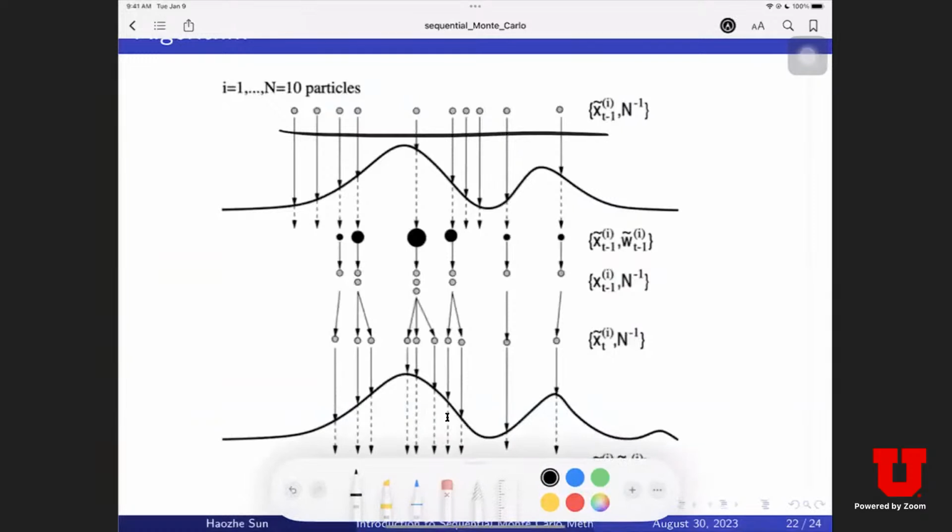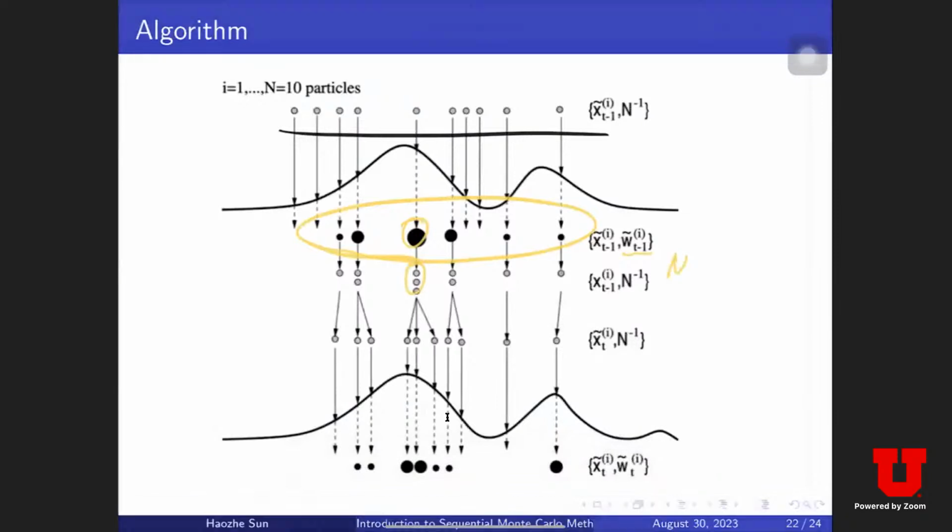First we have 10 particles, and we give them weights, and the more heavily weighted particles will get more offspring n. And then we resample these particles to get a new WT, and we repeat it, and we will get the distributions.